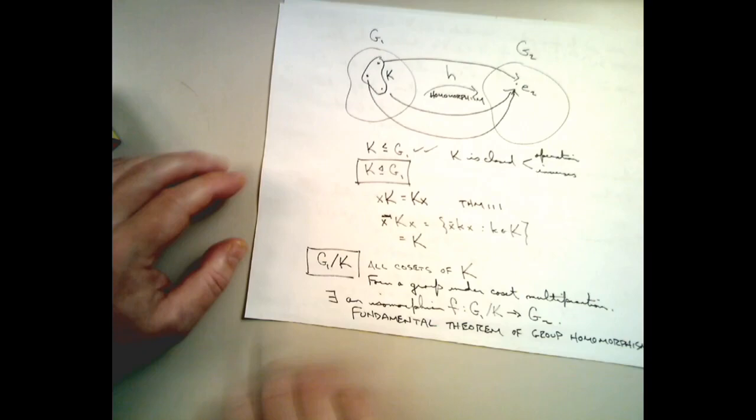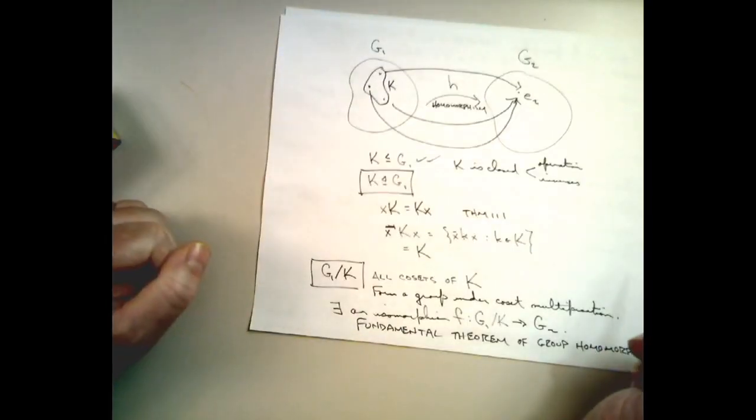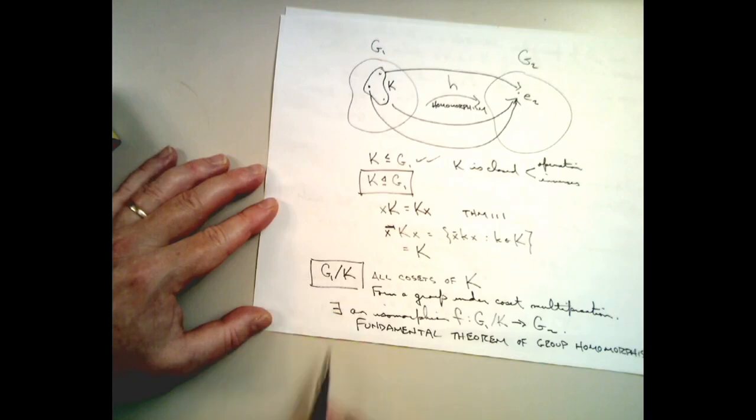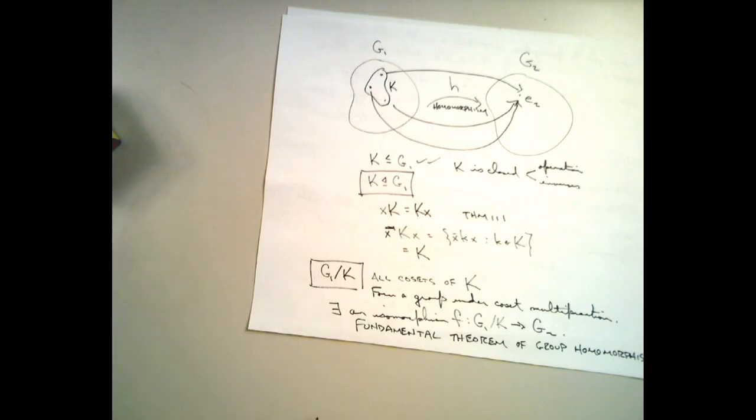It all hinges on the fact that this vanishing set, in fact, is a normal subgroup. If it weren't, we wouldn't be able to talk about the quotient group. The set of cosets wouldn't have formed a group. Now we know that it does. And the topic of our next video is going to be finishing up the proof that this quotient group turns out to be homomorphic to the group G2.